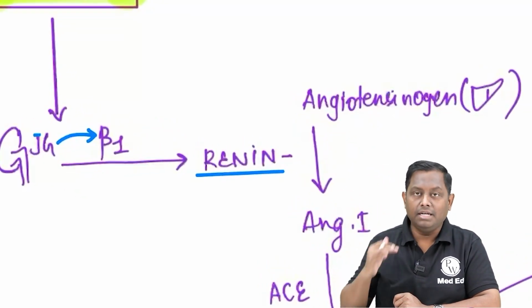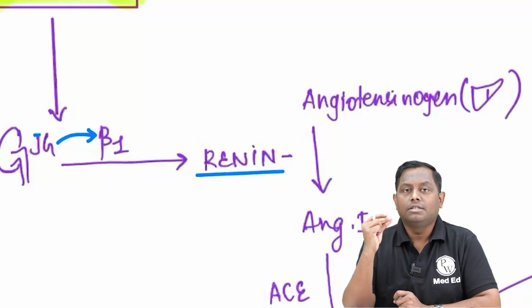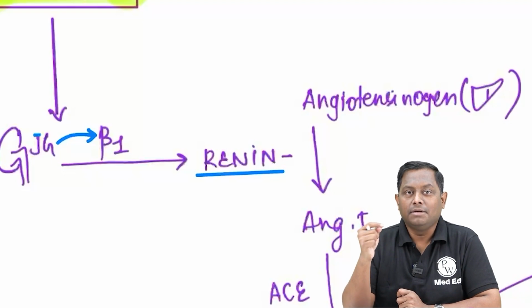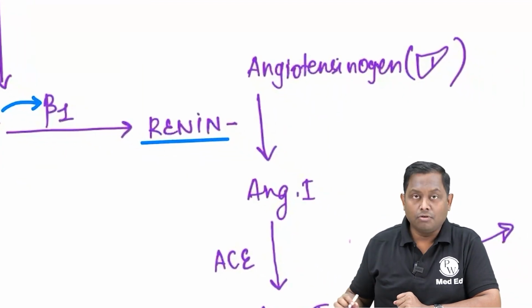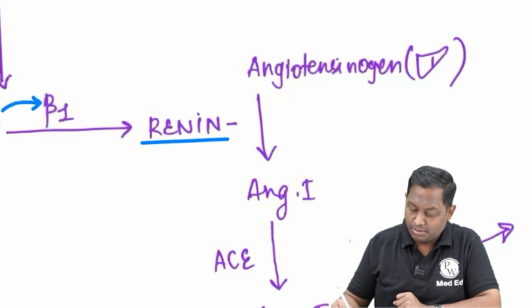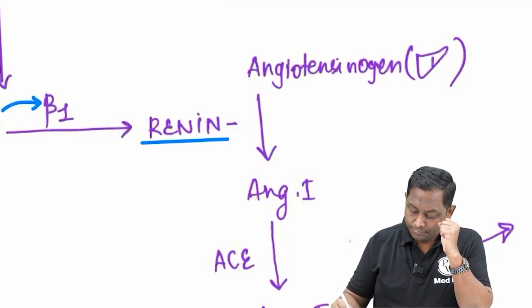अब रेनिन के आते ही, as soon as renin comes to the circulation, a cycle or a system will be activated in our body that is given the name as a RAS system, renin angiotensin aldosterone system. नाम क्या उसका? RAS system. This RAS system is going to cause conversion of angiotensinogen. Angiotensinogen जो बनता है, the source of angiotensinogen is mainly going to be your liver.